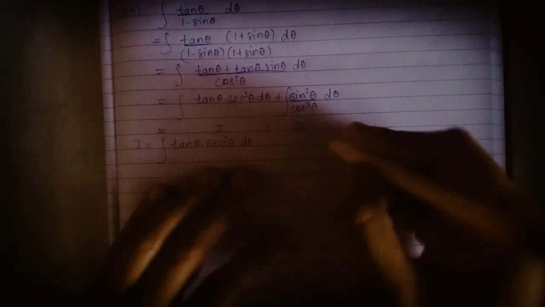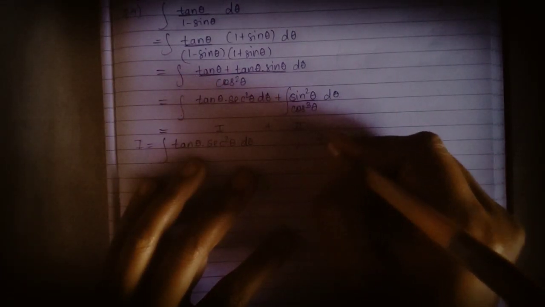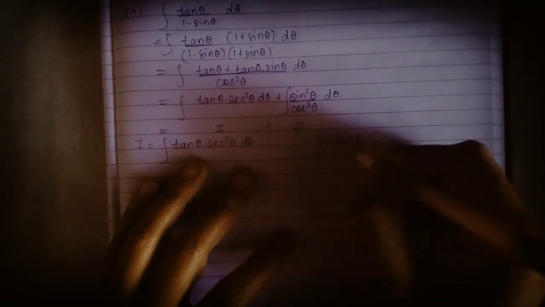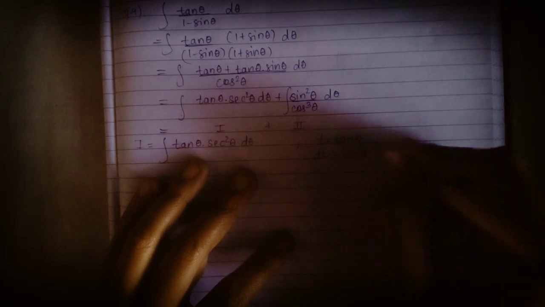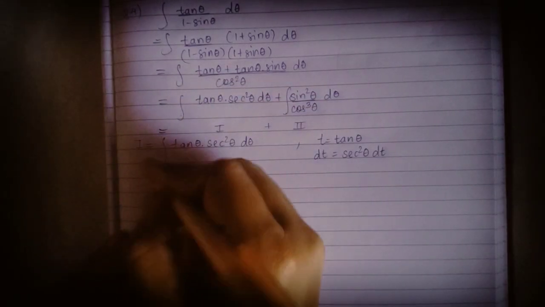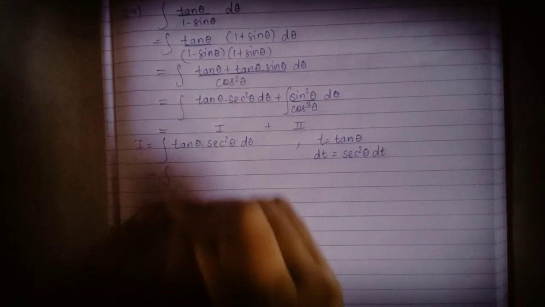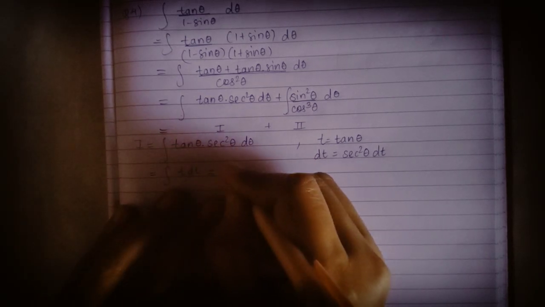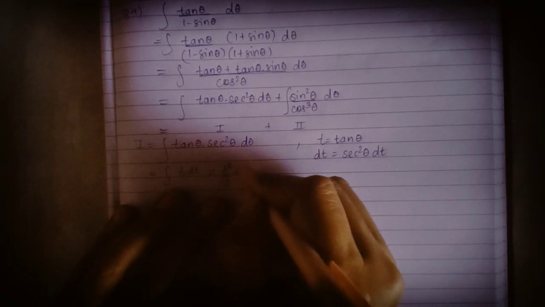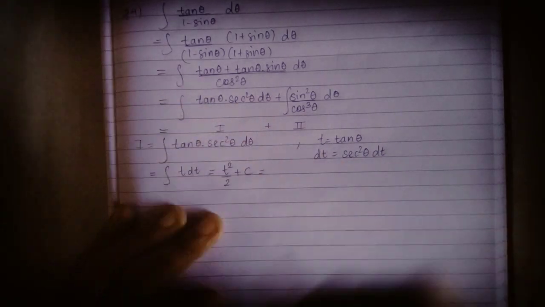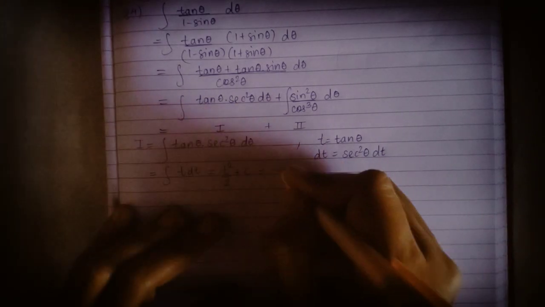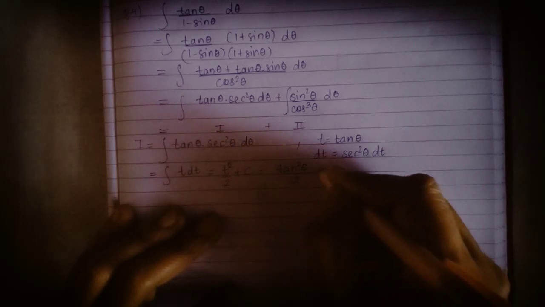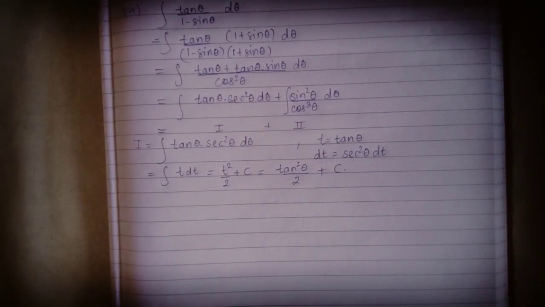I'll take t as tan theta and dt will be sec square theta d theta. So the integral of t dt, integrating, you'll get t square by 2 plus c. In place of t you can write tan square theta by 2 plus c. Okay, so the first one is solved.